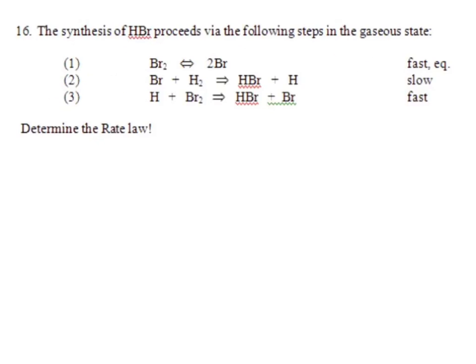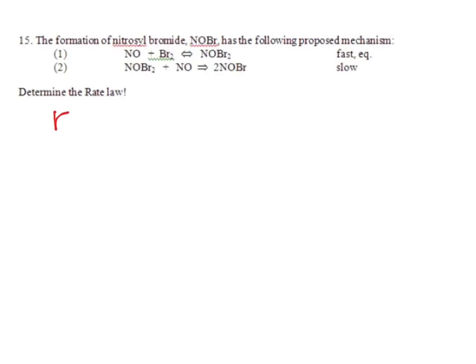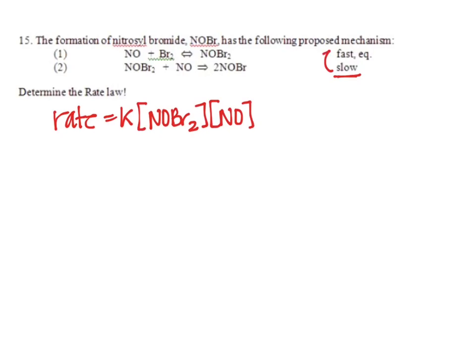So first of all, rate is equal to our slow step, which is rate equals k times NOBr2 times NO. We have a slow step, but prior to my slow step is that fast equilibrium, which means I can do a substitution. So first of all, let's see who we're substituting in there for. Who's going away?